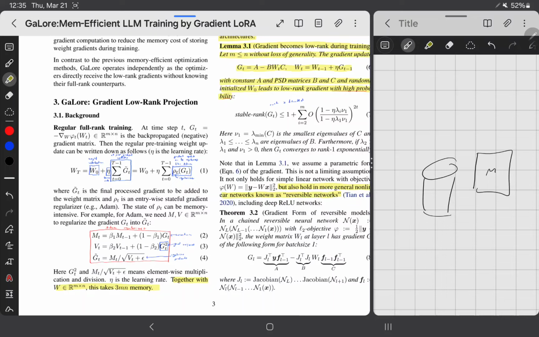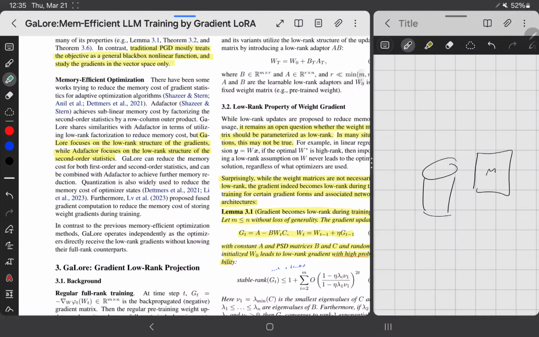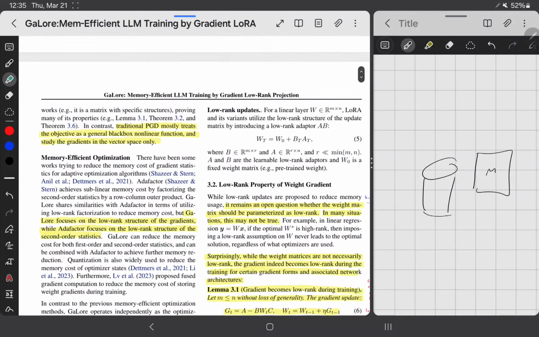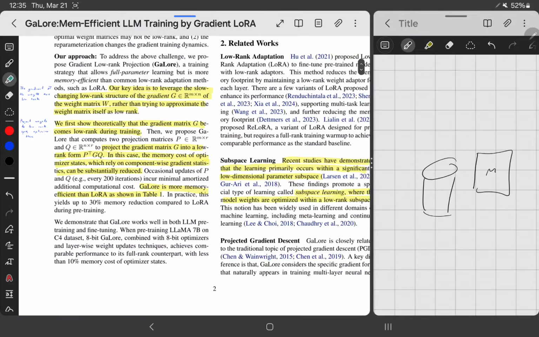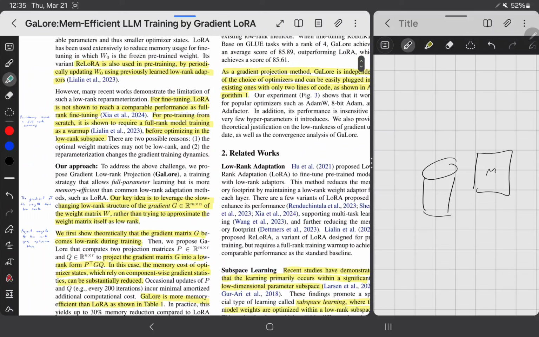The first thing they want to prove is that there exists something that's low rank. And in this case, they say that the weights are not low rank.